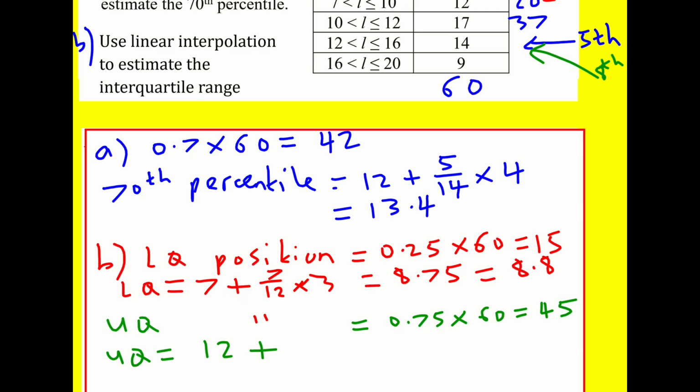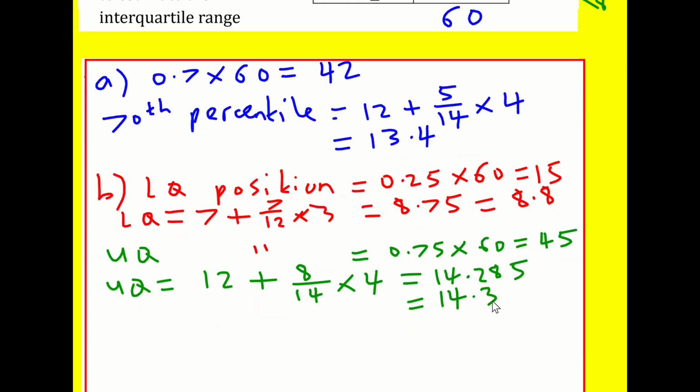So it's going to be 12 plus 8 over 14 times 4. Which is 14.285. Round that to 3 significant figures. We're really close.